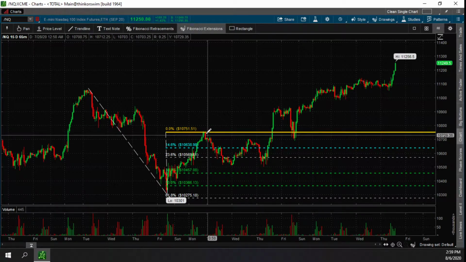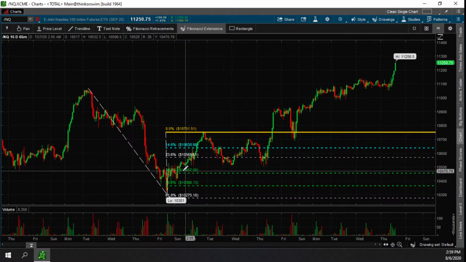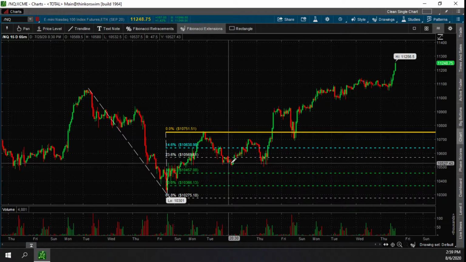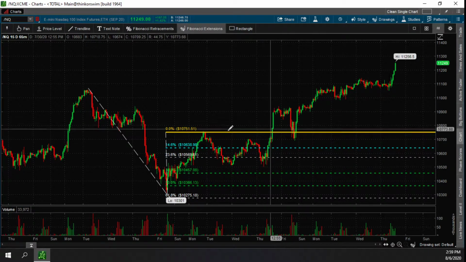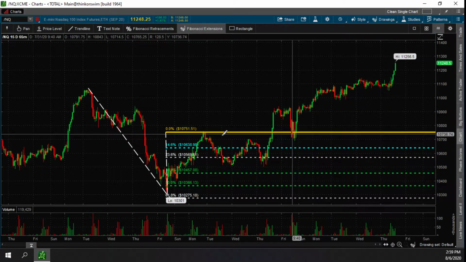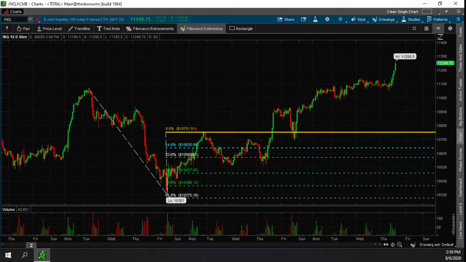So then if you wanted to go short or long, you wait for this area here, at the bottom, to go long, and this is your 100%. Essentially this becomes your resistance, and as you see, this price here is your 100%.